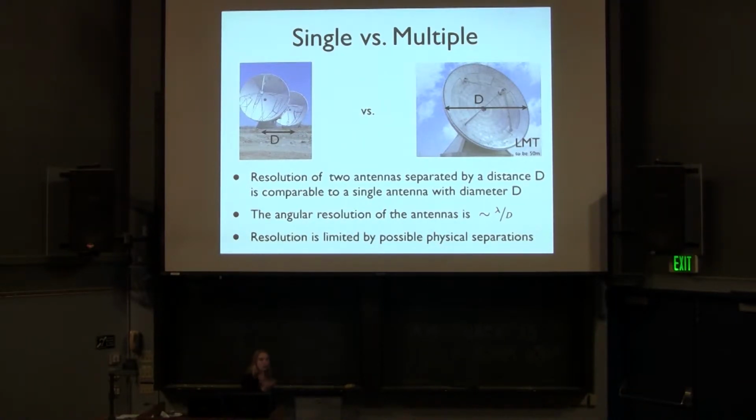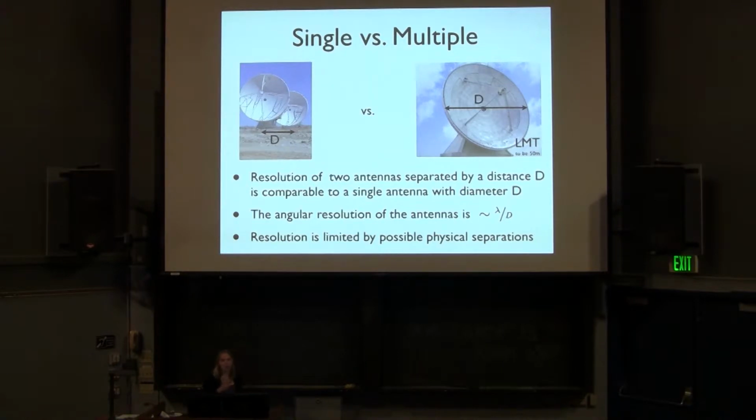But it's technically limiting to build such large dishes. You can imagine this huge frame, and it's difficult to point it, and then you have errors because the weight of the telescope needs to be very uniform and very well distributed and supported. So it's a very hard technical problem.